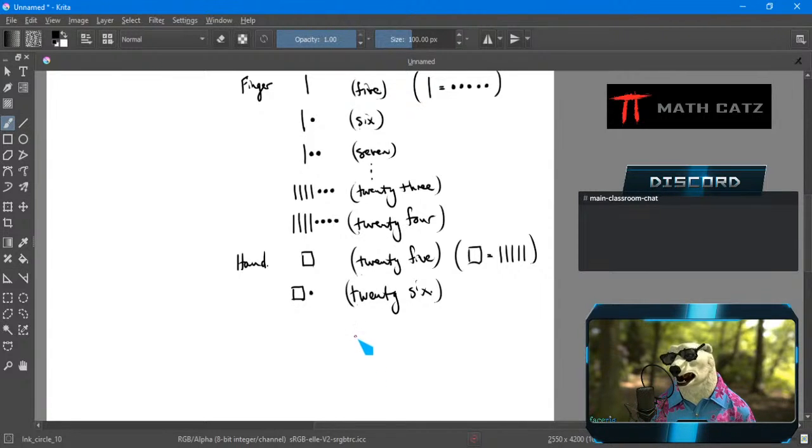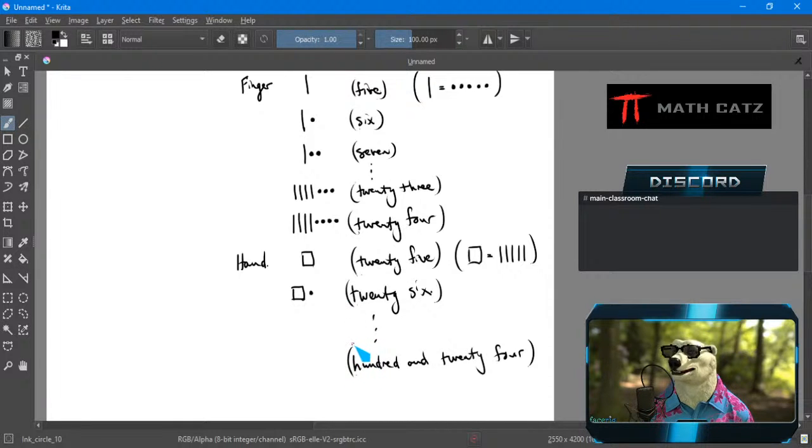So how high can I go here? I can go to 100 and 24, I claim. How would I represent 124?